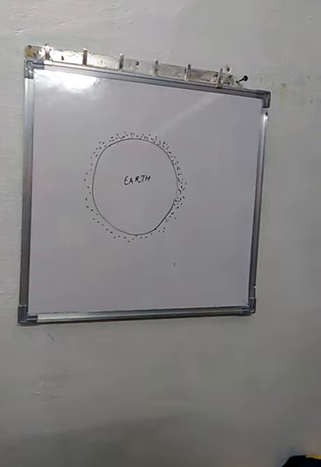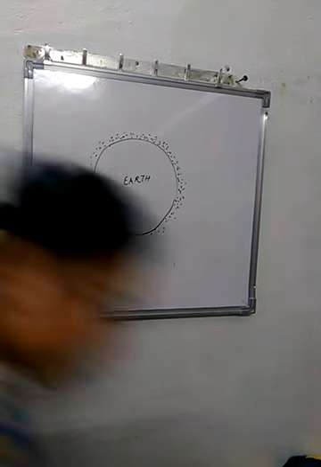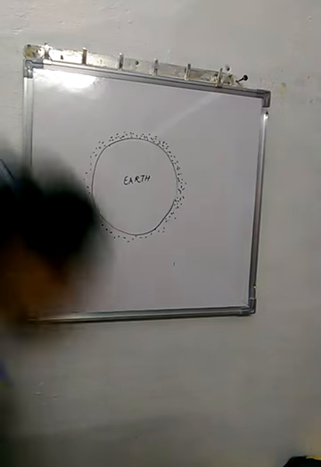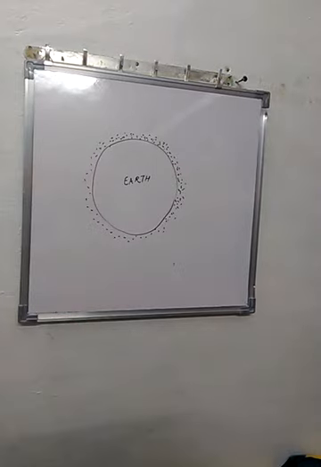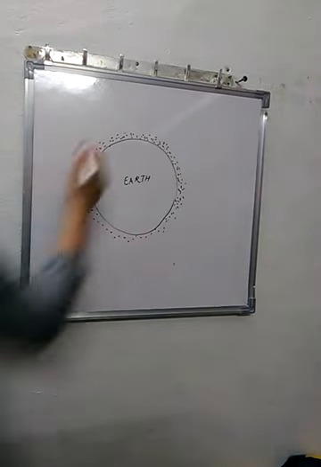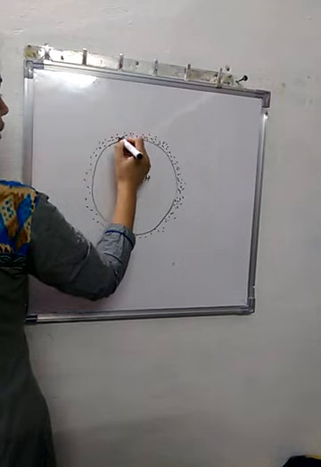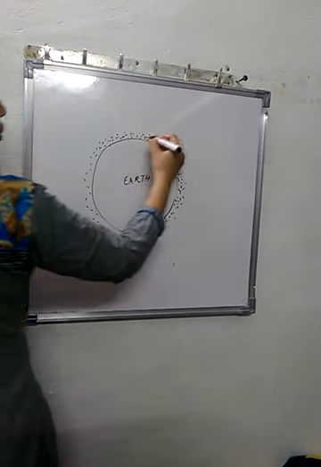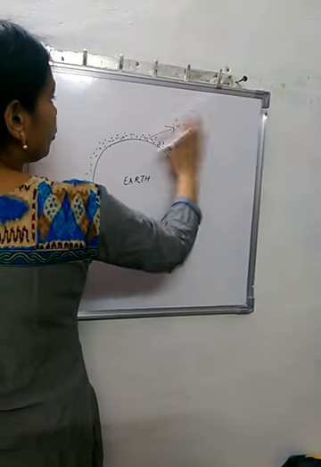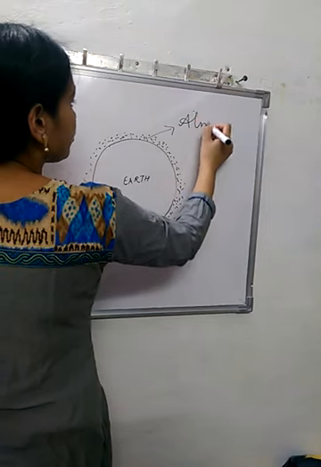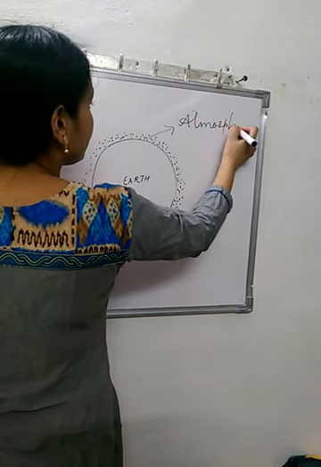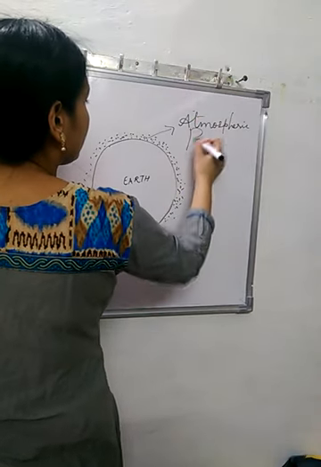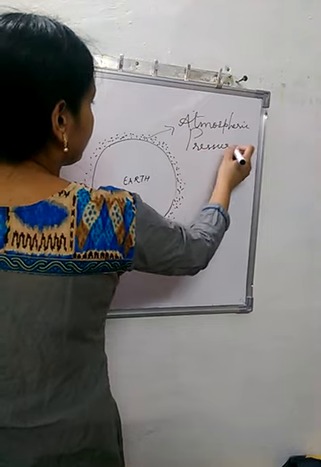And also we have discussed that air, that is a gas, also exerts pressure. So this atmosphere, the pressure exerted by this air, the atmosphere, is known as atmospheric pressure.